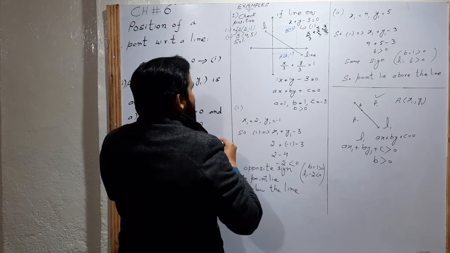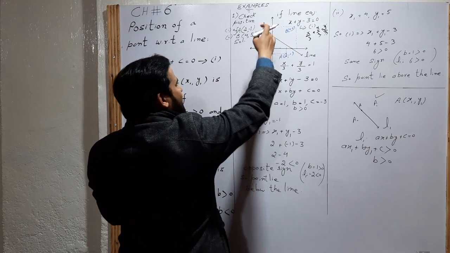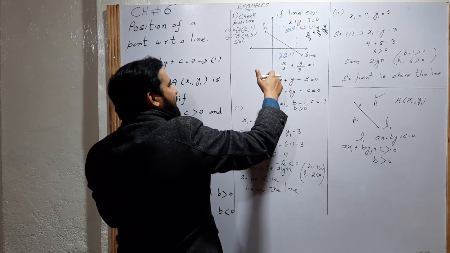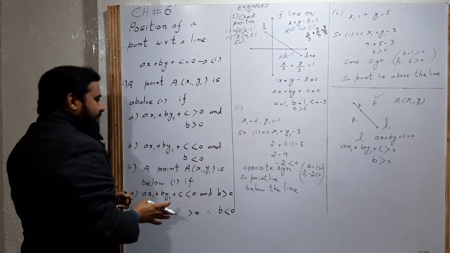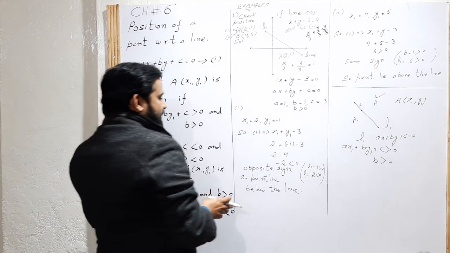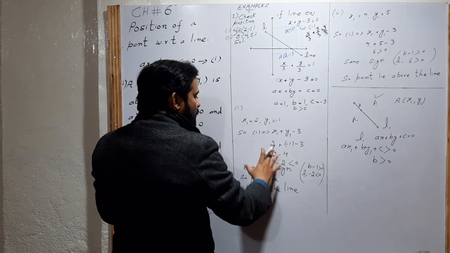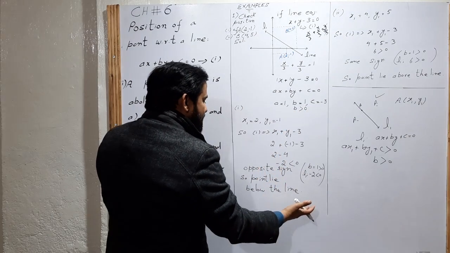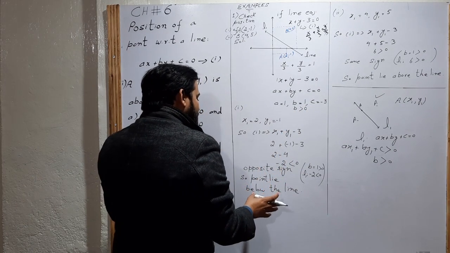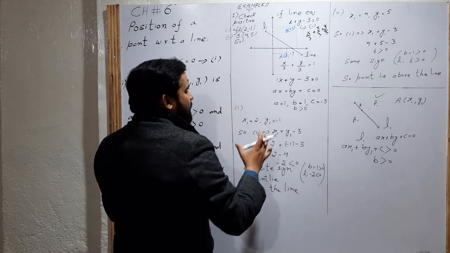The point is in quadrant number 4 and clearly lies below the line, and the criteria is also verified because in this case both have opposite signs. B is positive and after putting the point the line gives a negative result. It means the point lies below the line because they have opposite signs.